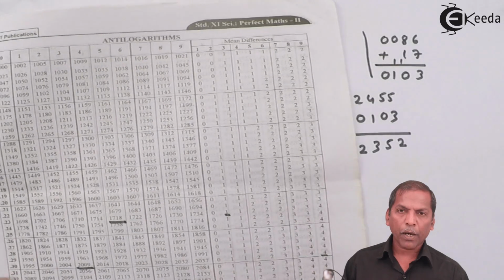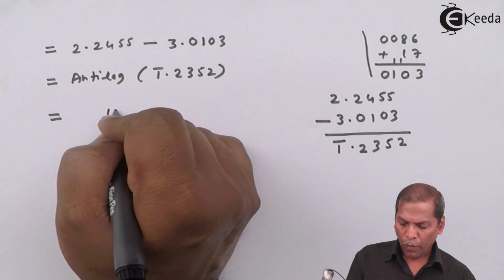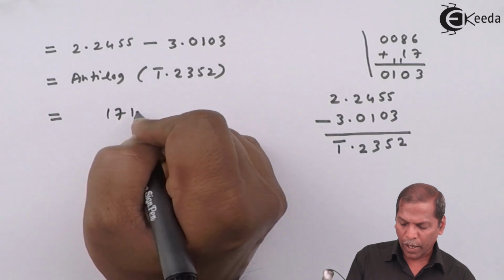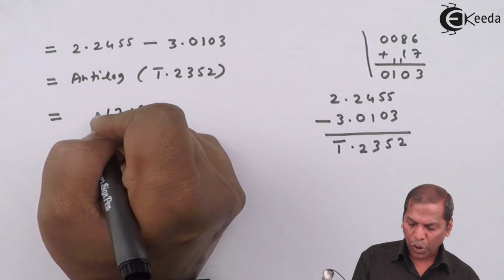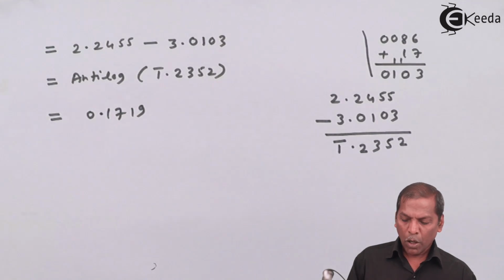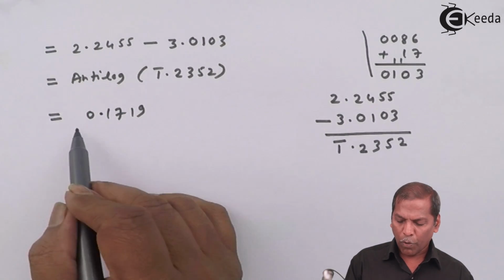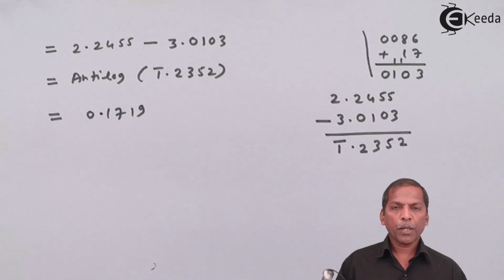It means 1718 plus 1, so that gives 1719. And since there is a bar 1, we write point and then 0. So finally we get 0.1719. So this is the required solution for the given problem. Thank you.